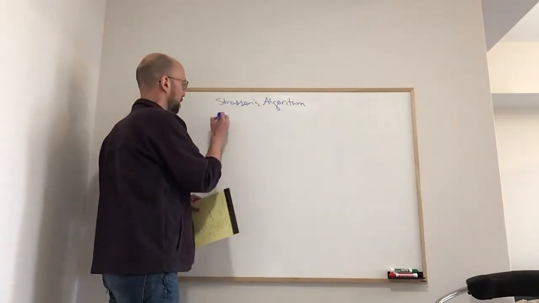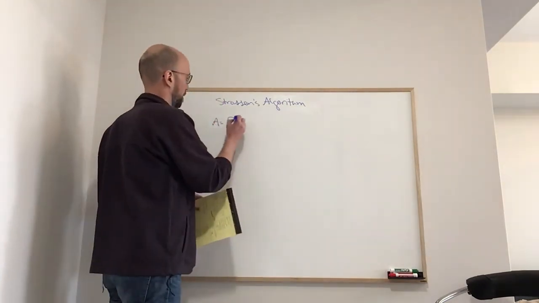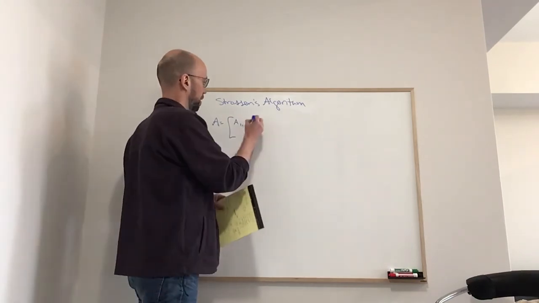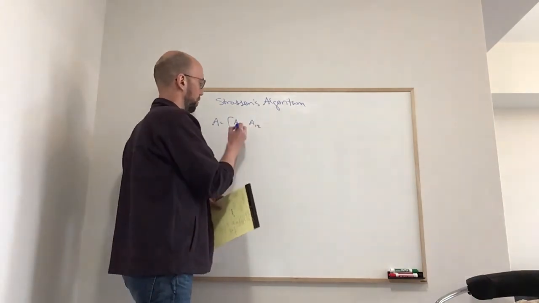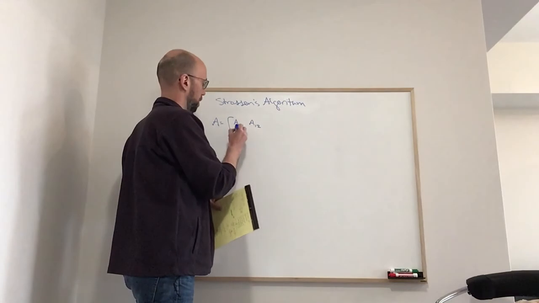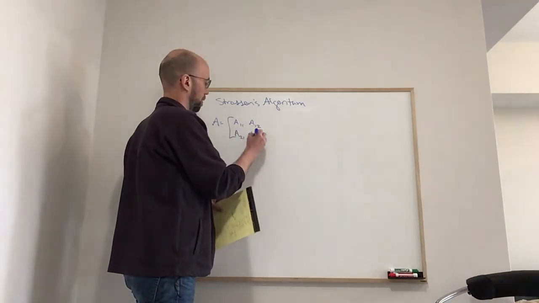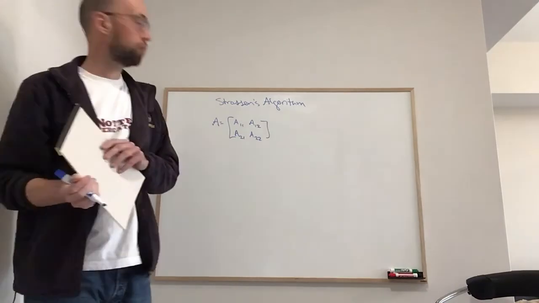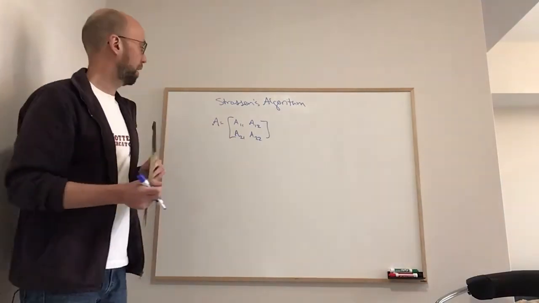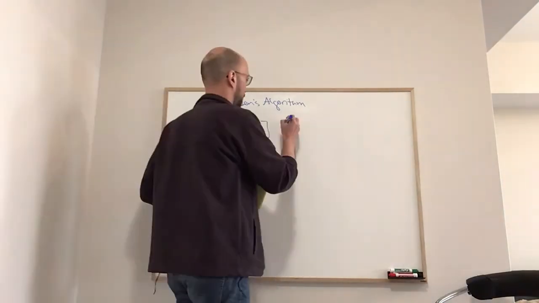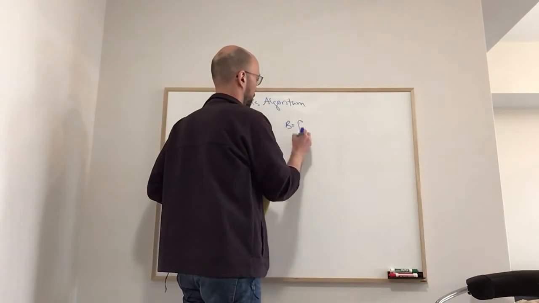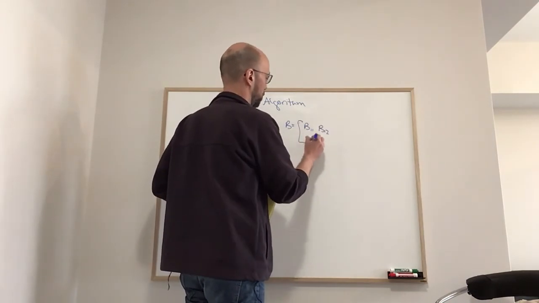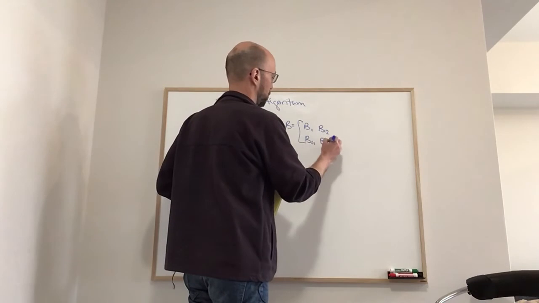We're going to consider A in 4 quarters: A11, A12, A21, and A22. B is B11, B12, B21, and B22.